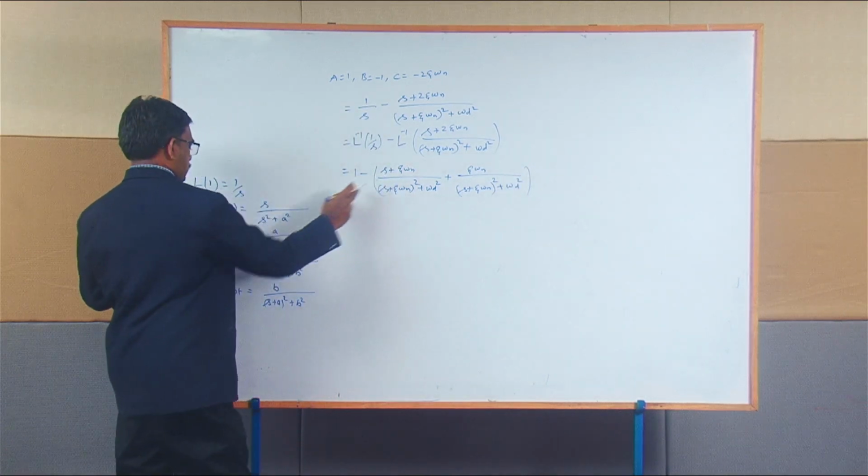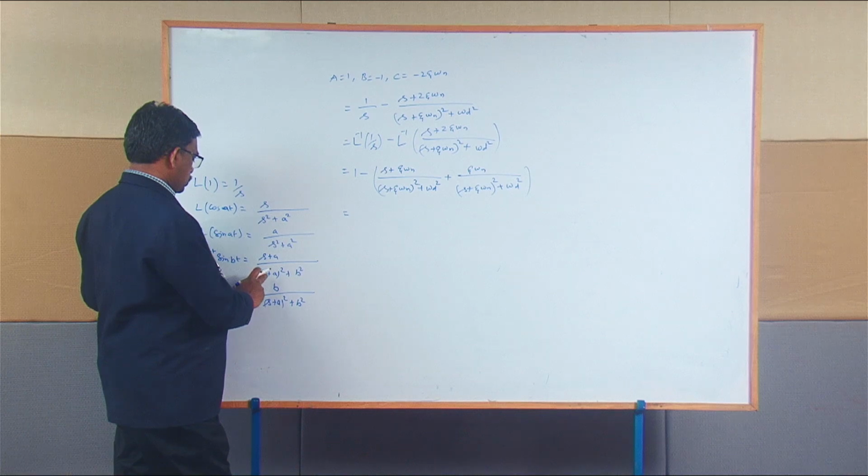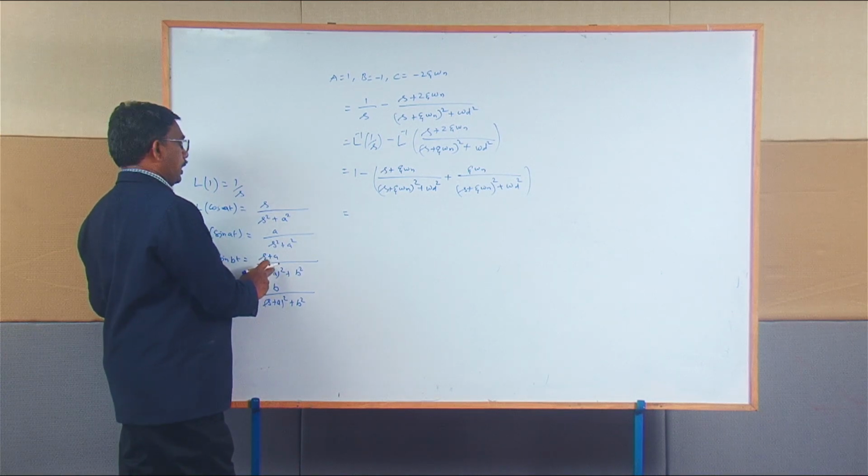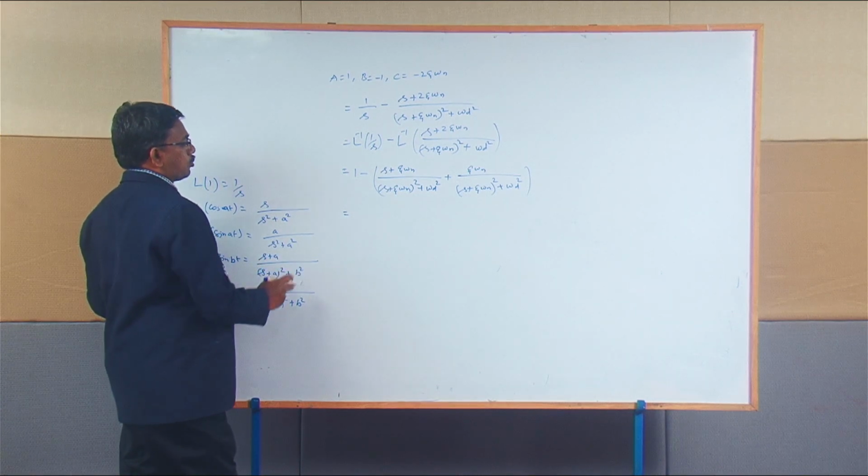You may compare these two terms with s plus a divided by (s plus a) square plus b square, where a is zeta omega n and b is omega d.